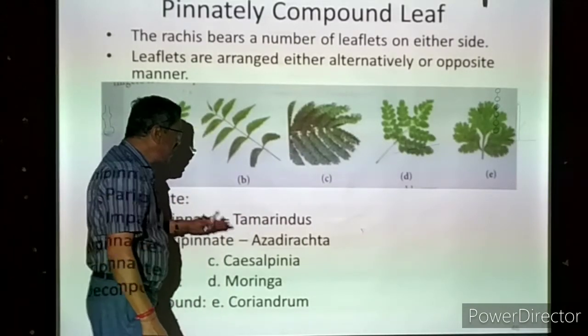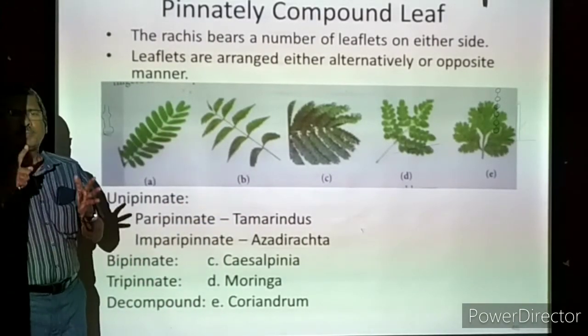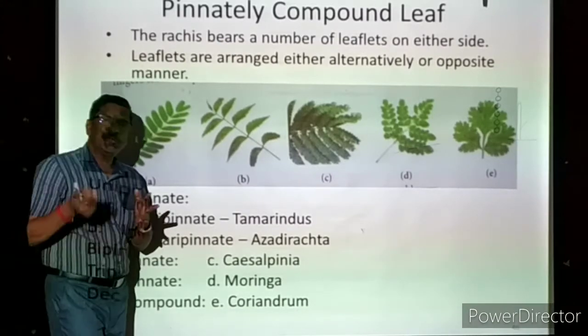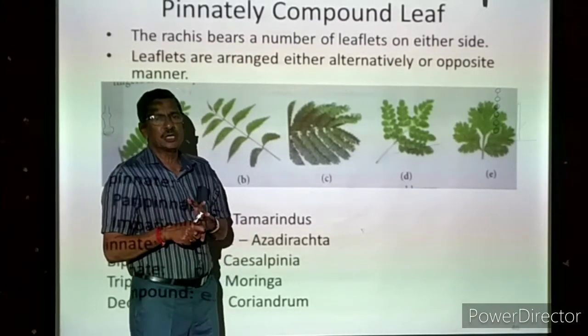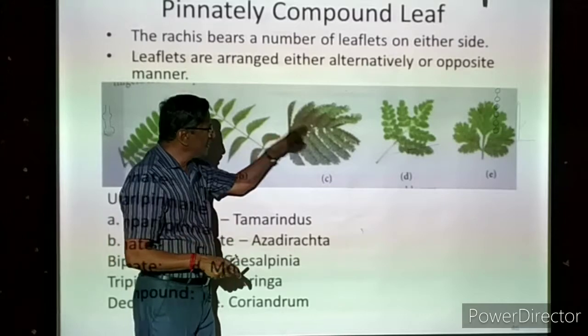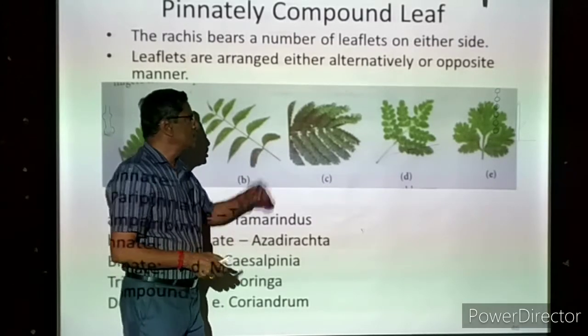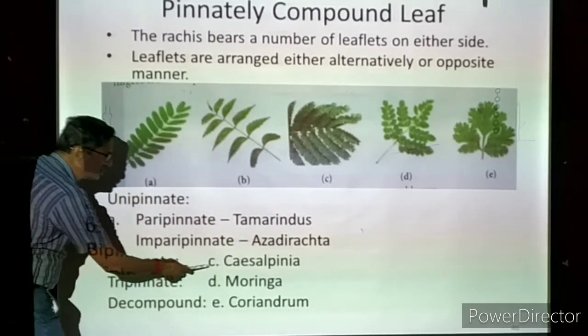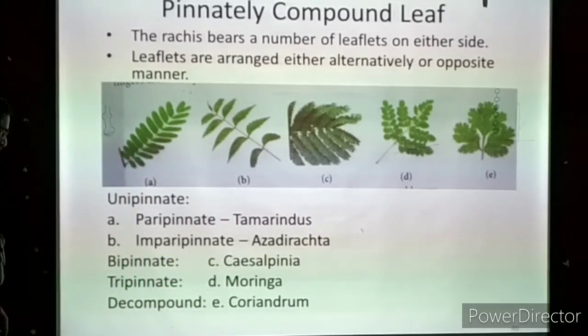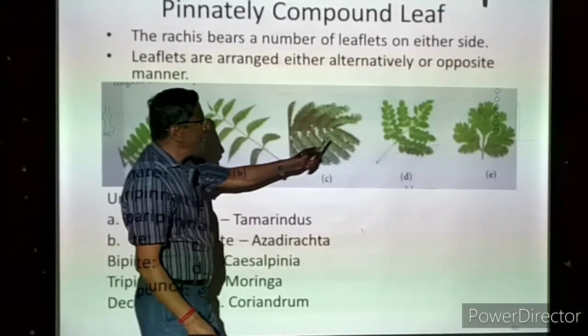This is called bipinnately. What is the meaning of bi? The primary rachis will be there, which is further divided into branches. The branches are called secondary rachi. Over that, the leaflets will be present. That is called a bipinnate. Example for this is Caesalpinia. Then we are coming to the tripinnate.